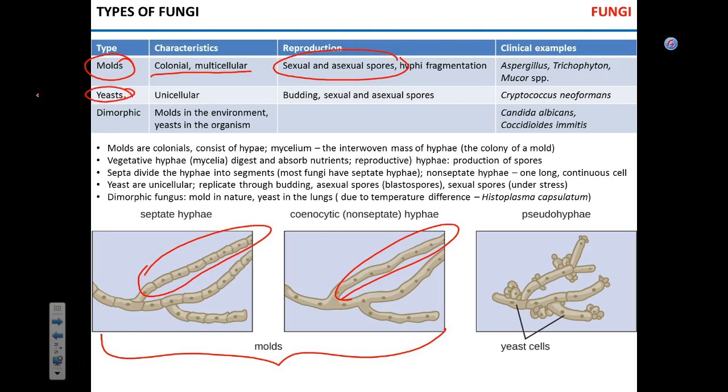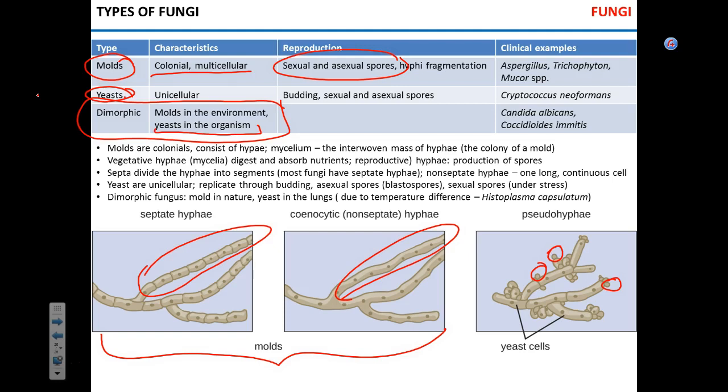Yeasts. Yeasts are unicellular. Okay. They reproduce by budding. You can see buds of yeasts here. Okay. Or spores. Or dimorphic fungi. Dimorphic fungi grow as molds in the environment, okay, and as yeasts in a human organism.